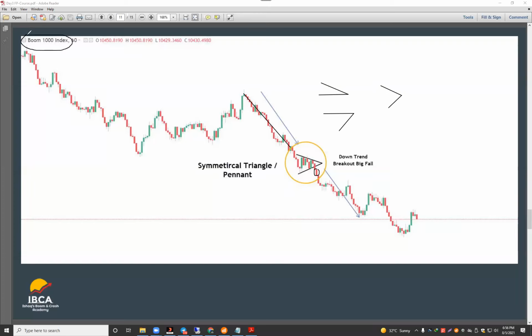But if you find this triangle in Boom in an uptrend, then definitely you will find the retracement, then market will move up. Because the buyers are not ready, right? It is a downtrend in Boom, okay?